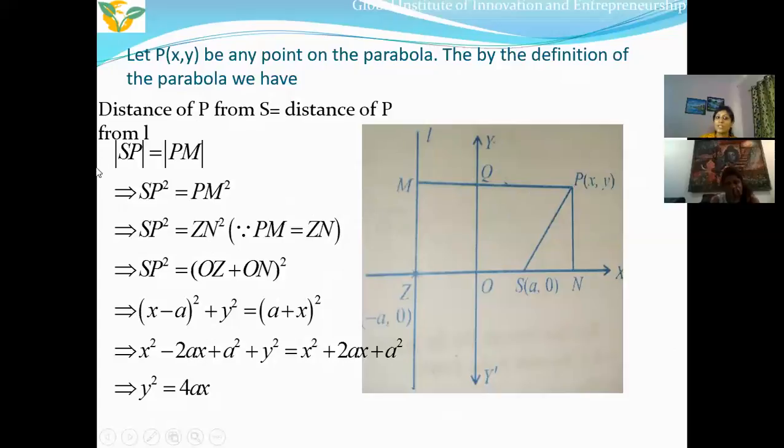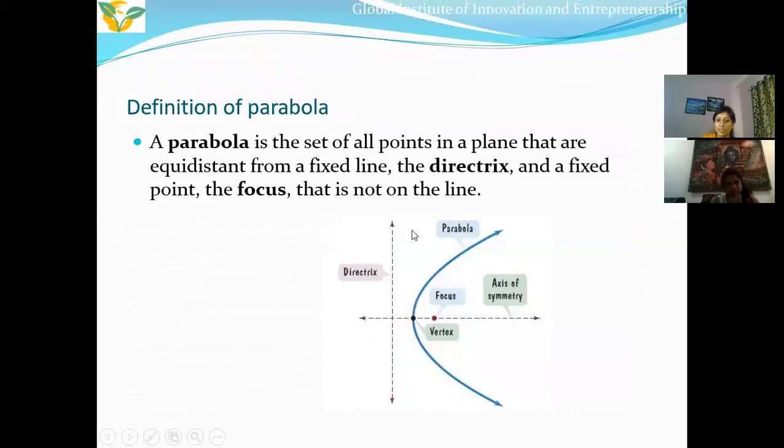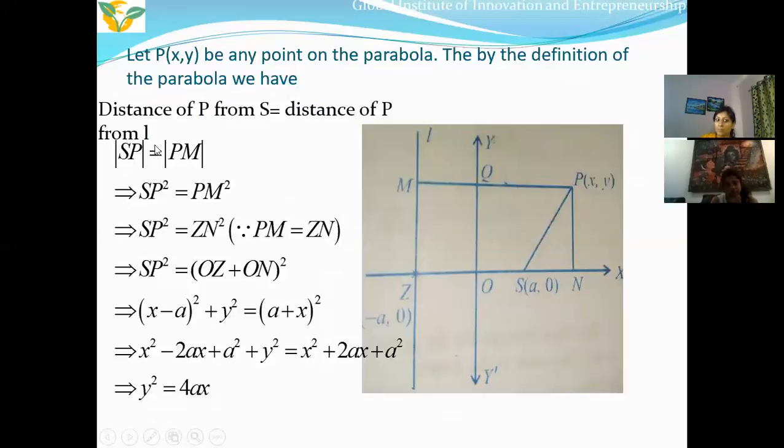After cross multiplication we get SP is equal to PM. Why am I taking modulus here? Because as we know very well, the length or distance of an object cannot be negative. So to avoid the negative, we consider modulus. So modulus SP is equal to modulus PM.